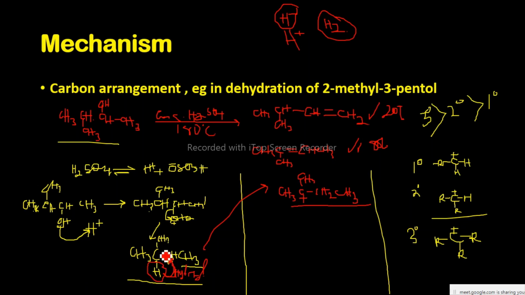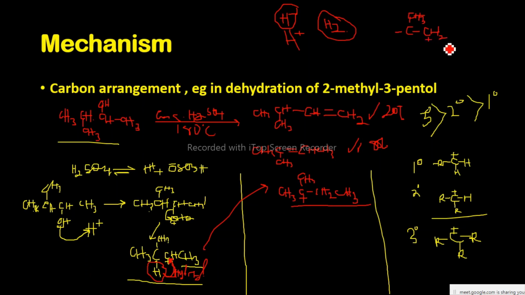This is so even if there was a chance of forming a secondary carbocation from a primary carbocation. For instance, if it is this, you have C, and then you have the CH here, and then you have the CH2 with a plus.